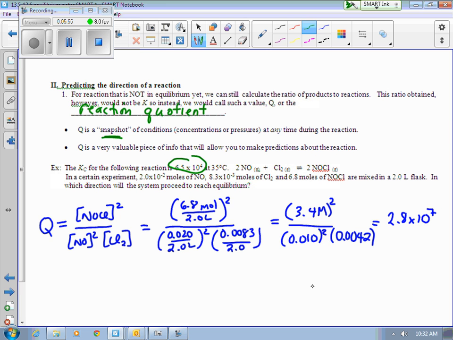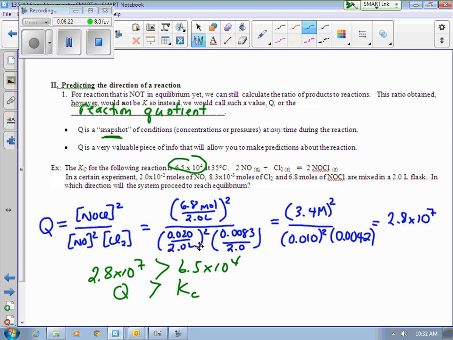So what's the significance of that number? Well, 2.8 times 10 to the 7th is bigger than the K value, 6.5 times 10 to the 4th. So we would say Q is greater than K. What does that mean? If Q is bigger than K, you're top heavy. You have too much product and not enough reactant.